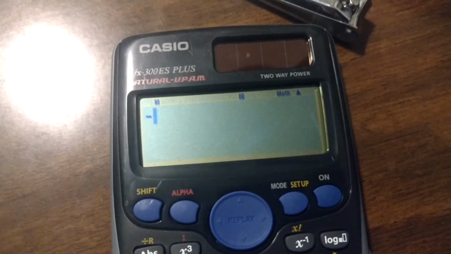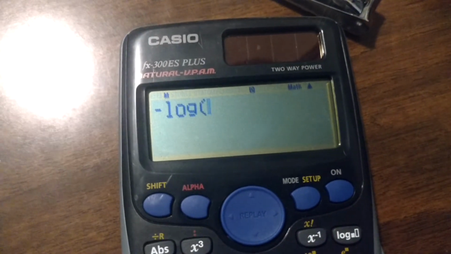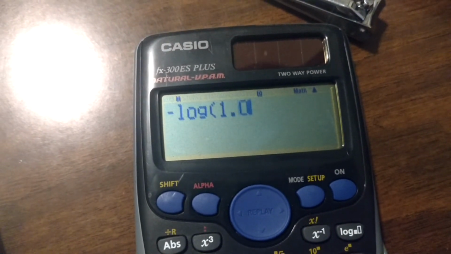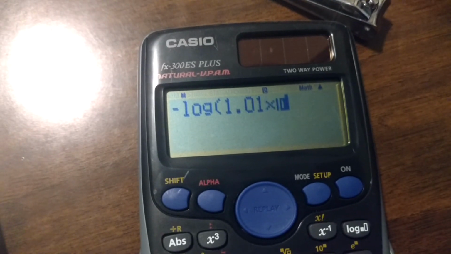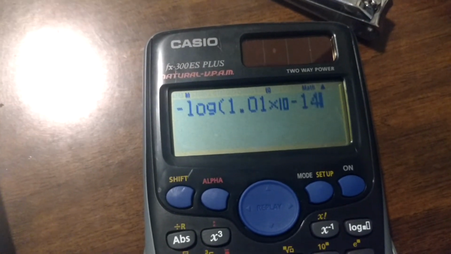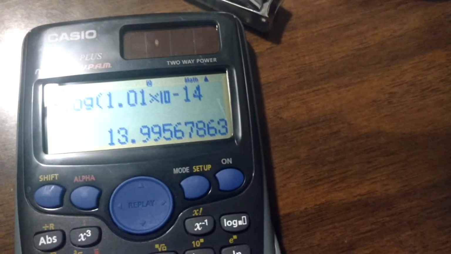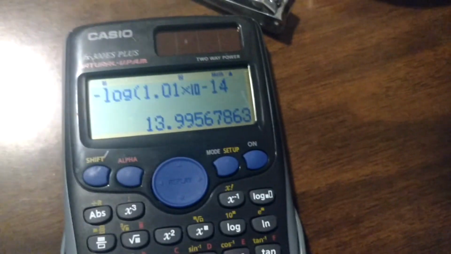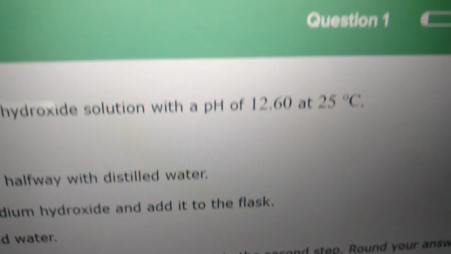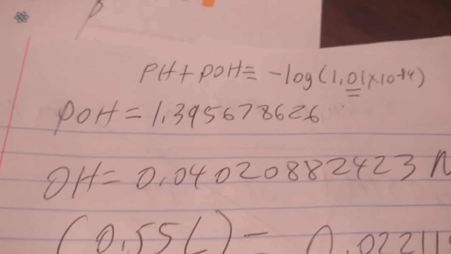We do negative log of 1.01 times 10 to the negative 14th. That's going to equal 13.99567863 instead of 14.